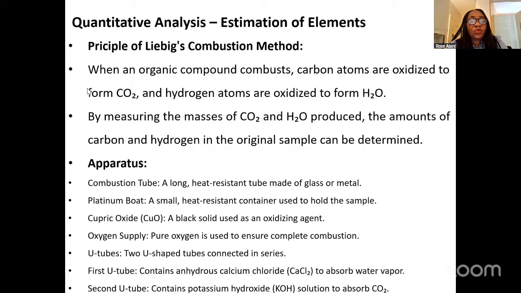So we have the combustion tube, the platinum boat, the cupric oxide, the oxygen supply, and two U-shaped tubes connected in series. The first one contains anhydrous calcium chloride to absorb water vapor, and the second one contains potassium hydroxide to absorb carbon dioxide.